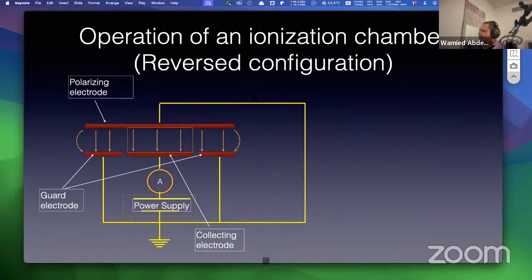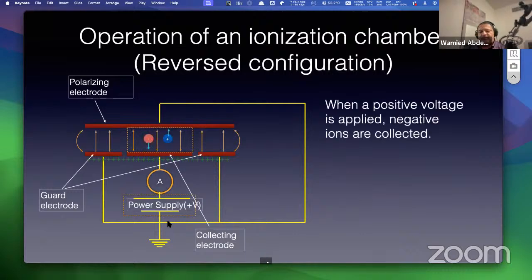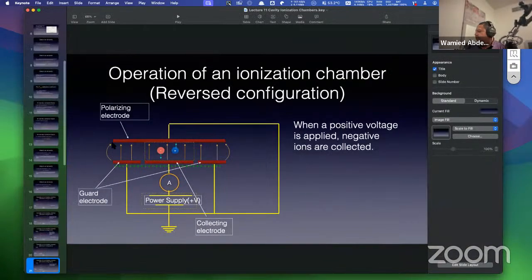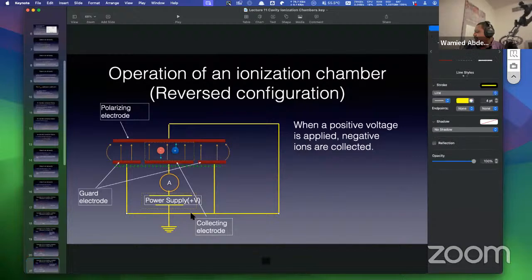But sometimes, some ionization chambers are configured in a reverse or non-standard configuration. So now they move this power supply and put it behind the electrometer here. Actually, there is something wrong in this design. This we should move. It should be here.